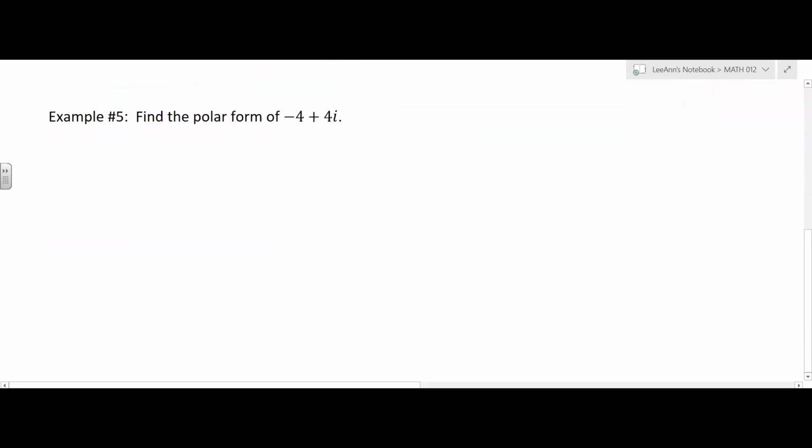Find the polar form of this complex number, -4 plus 4i. So again, we could draw a coordinate system and think about -4, 1, 2, 3, 4 on the real axis, and for the imaginary axis going 1, 2, 3, 4. And so we have that point graphed up there.